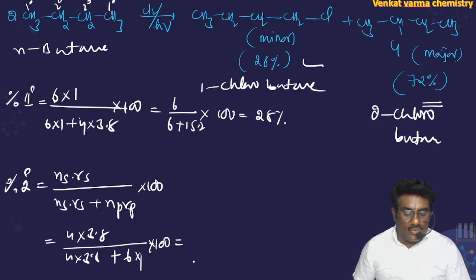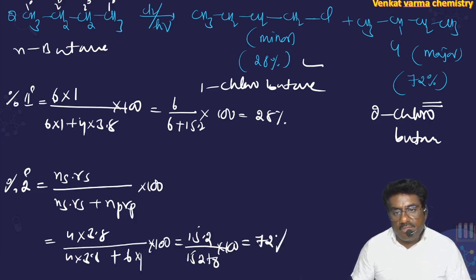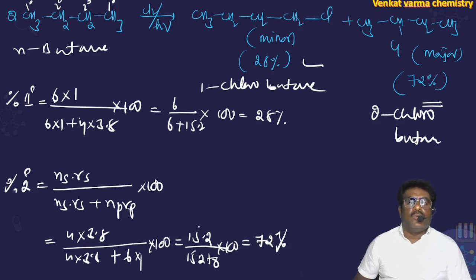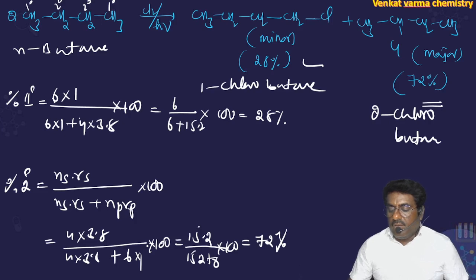Here it becomes 15.2 divided by 15.2 plus 6 into 100, it becomes 72%. See, this is the way to calculate the percentage of the compound, which is major, which is minor.